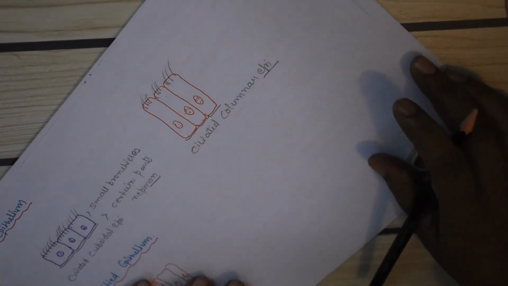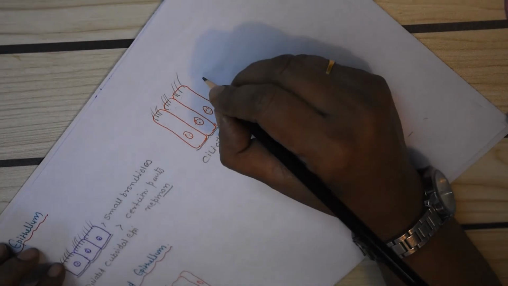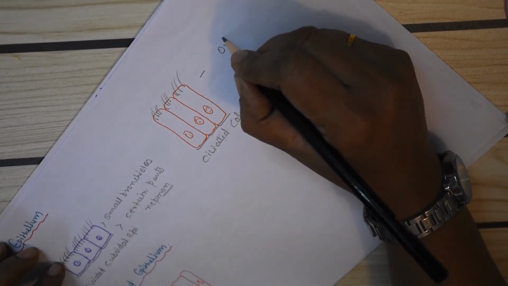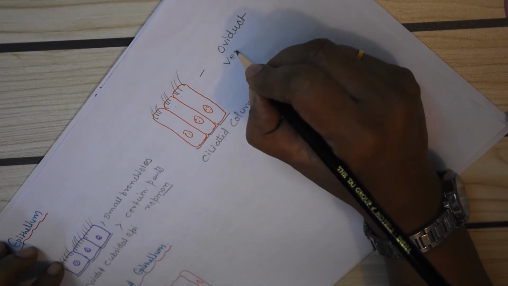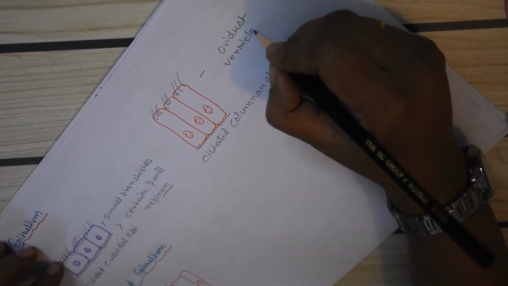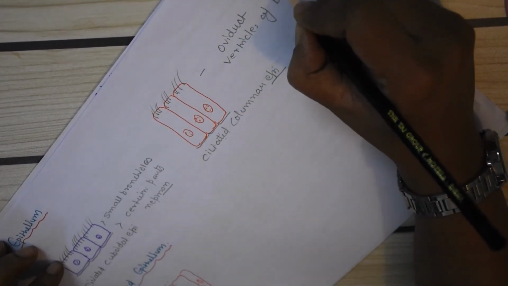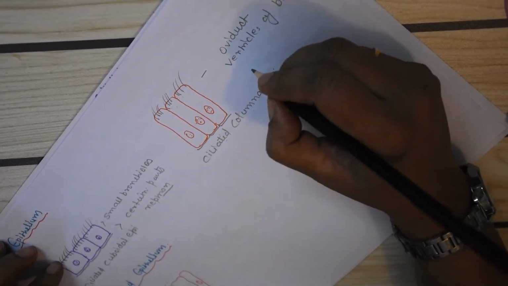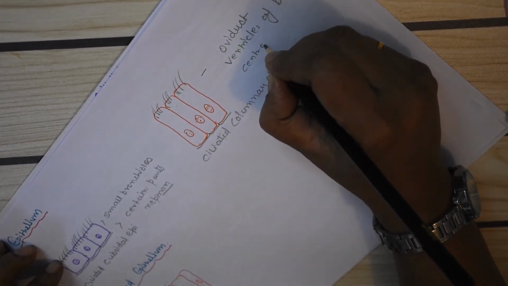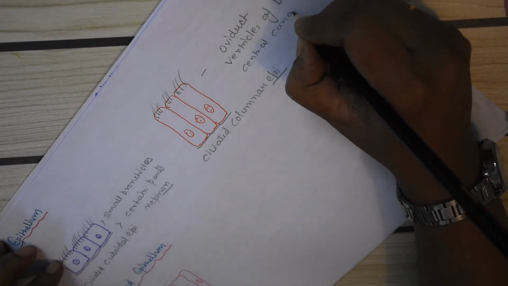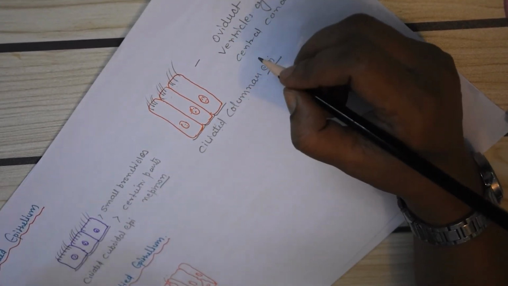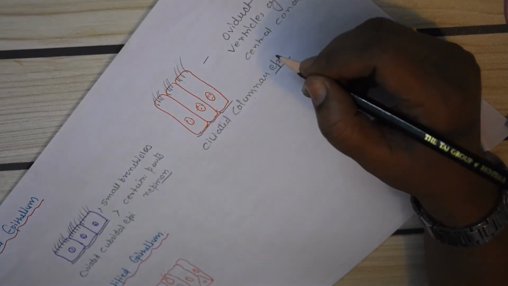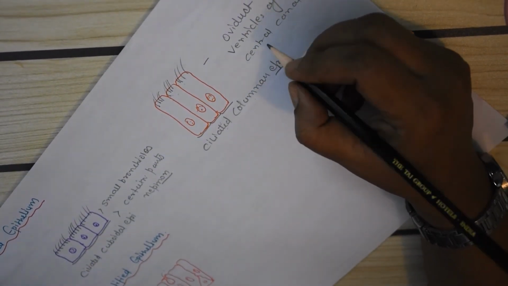And ciliated columnar epithelium is found in the oviduct, ventricles of the brain, where ventricle means cavity, the central canal of the spinal cord, and the tympanic cavity of the middle ear.